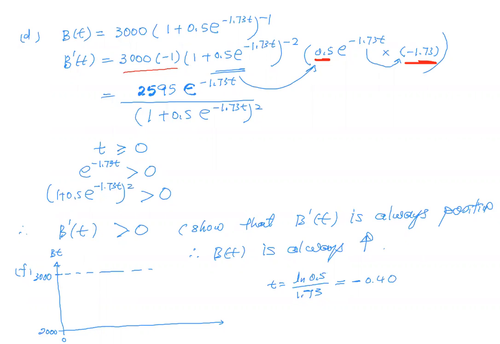That means the inflection point is at the negative side. So the graph actually goes like that, then after that the inflection point is here, so the shape should be like that. Are you clear?